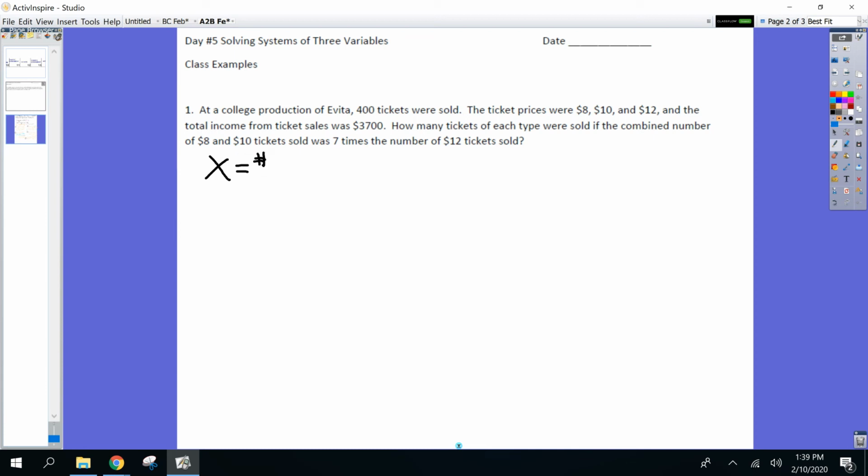Number of, well, we know the ticket prices. Number of $8 tickets, yep. y will be number of $10 tickets. And good old z will be number of $12 tickets. Okay, 3 variables to me means 3 equations.